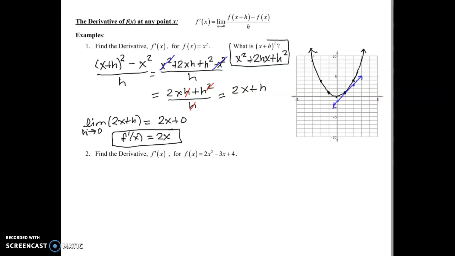If I want to go to, let's say, negative 2, 2 times negative 2 would be negative 4. So my slope at this point here would be negative 4. So down 1, 2, 3, 4, over 1, right?